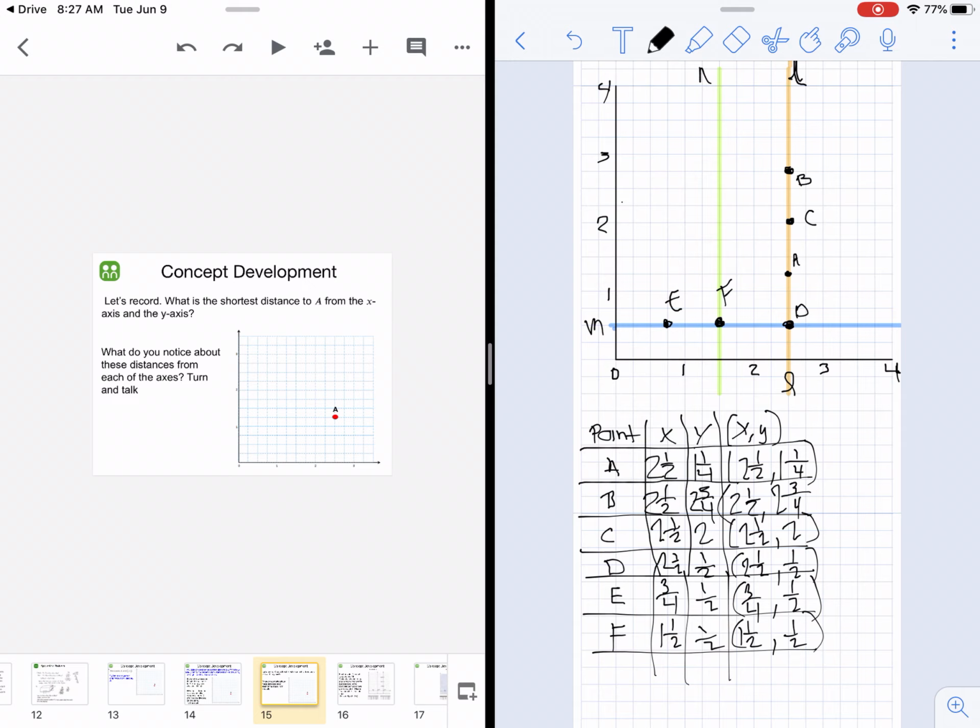Is every x coordinate to the left of this green line greater or less than a distance of 1.5? Less, very good. And every x coordinate to the right of the line is greater than 1 1/2.